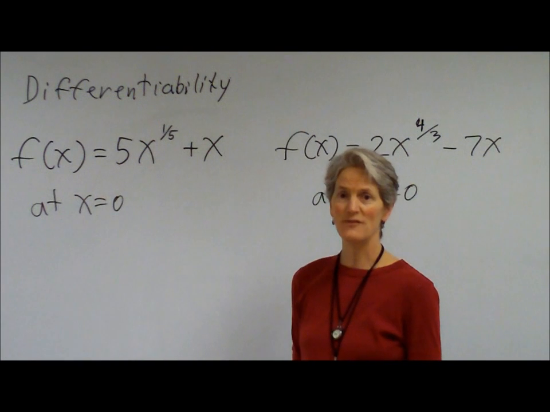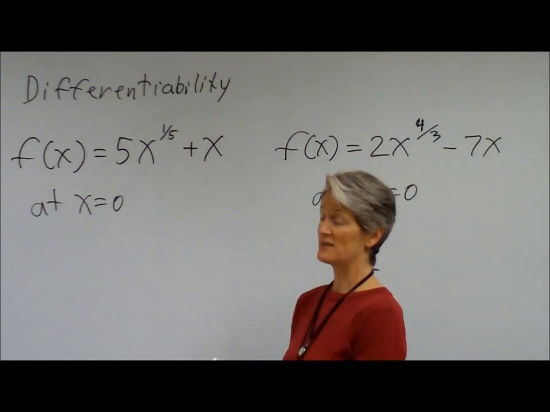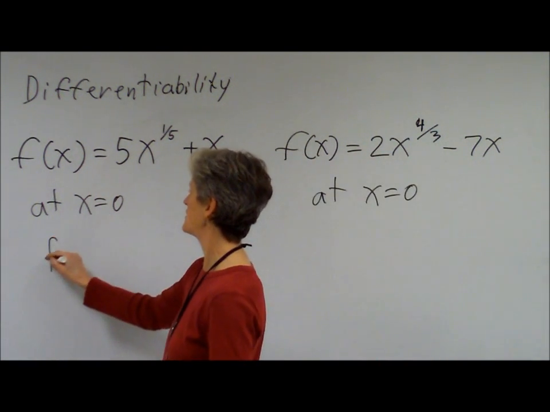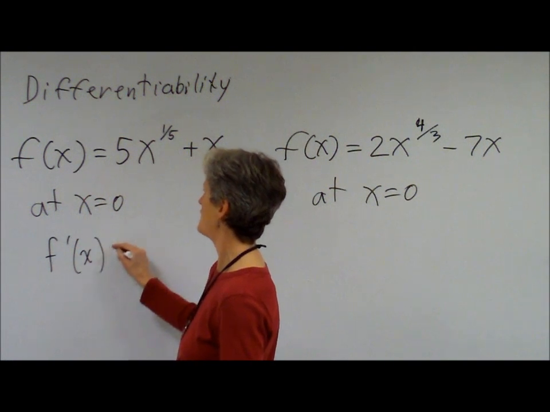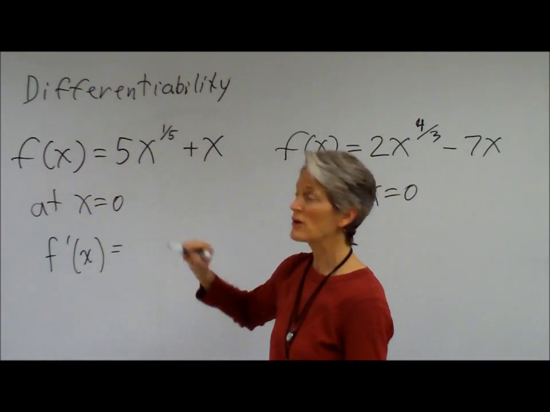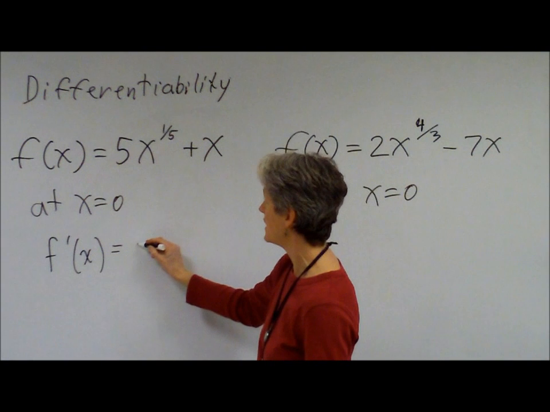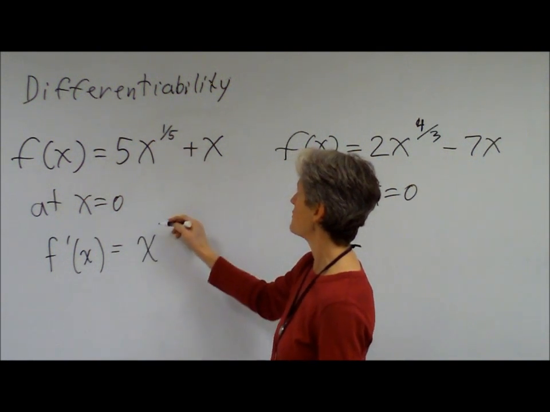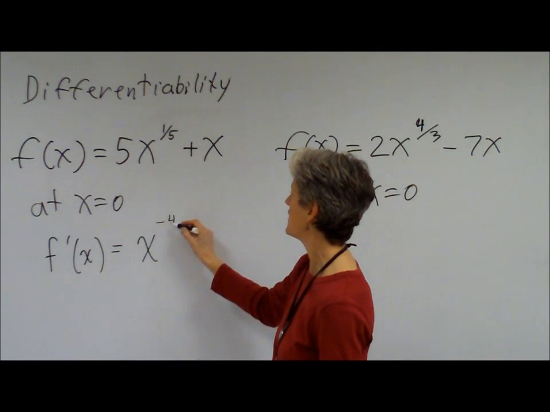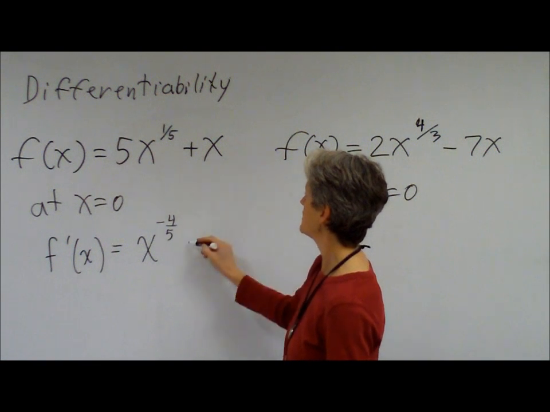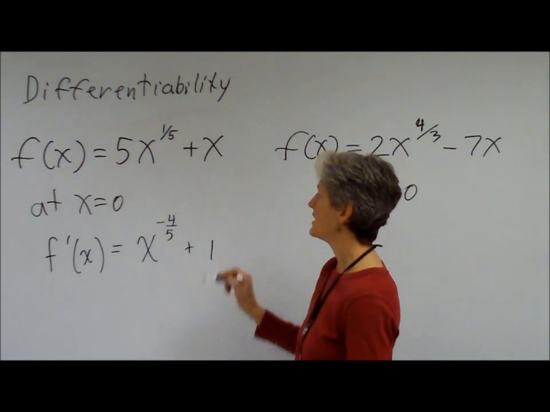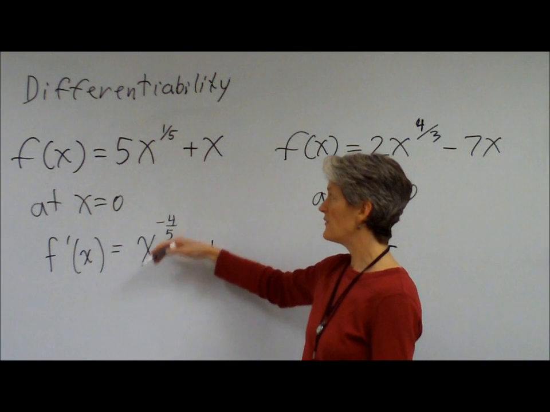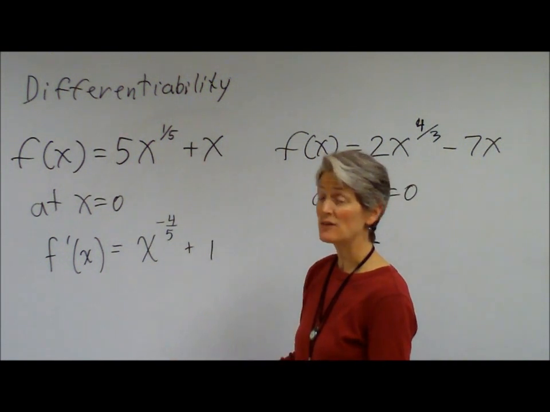So let's take the derivative and see if it exists when x equals 0. I'm going to use the power rule. 1/5 times 5 is 1. x to the 1/5 minus 1 is x to the -4/5, plus 1. So that's the derivative of this function for any x.